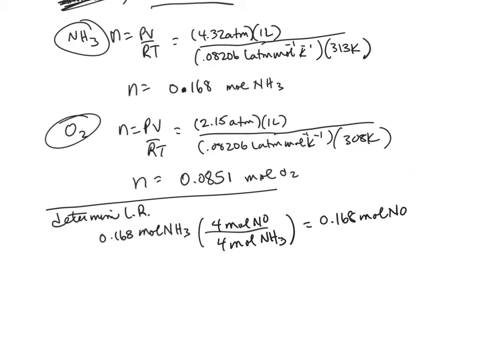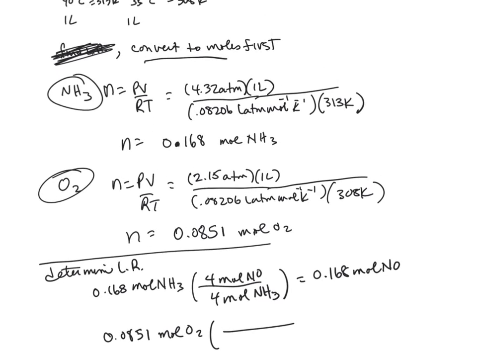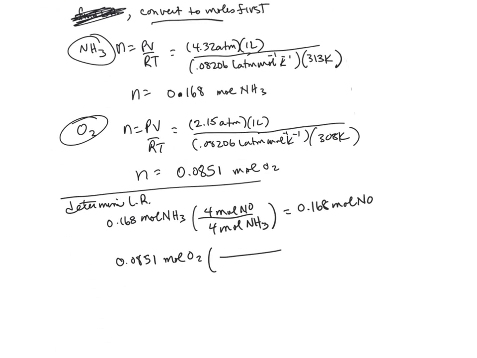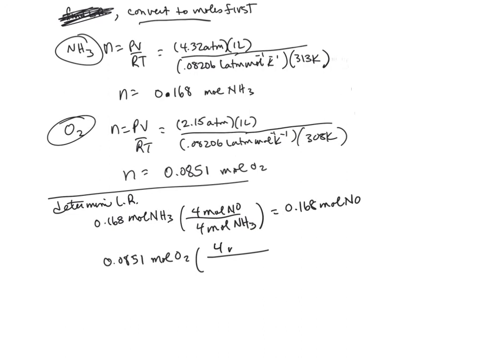Then we're going to take our other reactant, oxygen, 0.0851 moles of O2. And the ratio of the NO and the oxygen, so let's look at that. It's 4 NO for 5 O2s. So we're going to say 4 moles of NO for 5 moles of O2.